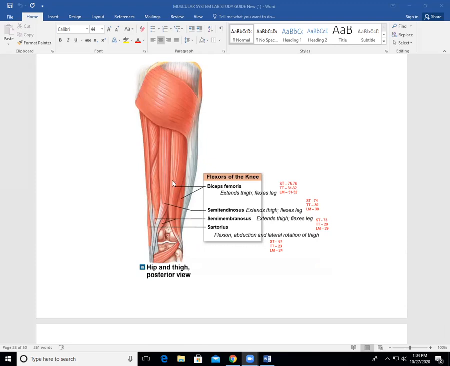It's your biceps femoris. So just like you have a biceps muscle in your arm, you have a biceps muscle in your legs, biceps femoris, the femur, right? So it will extend the thigh, okay? It'll also flex your leg.